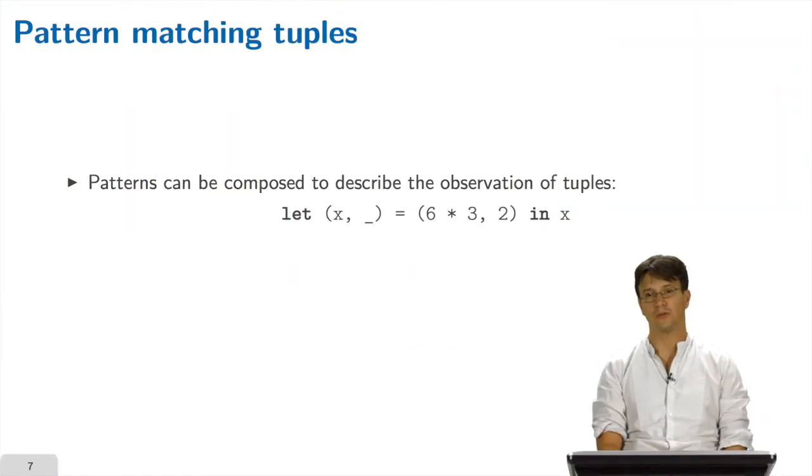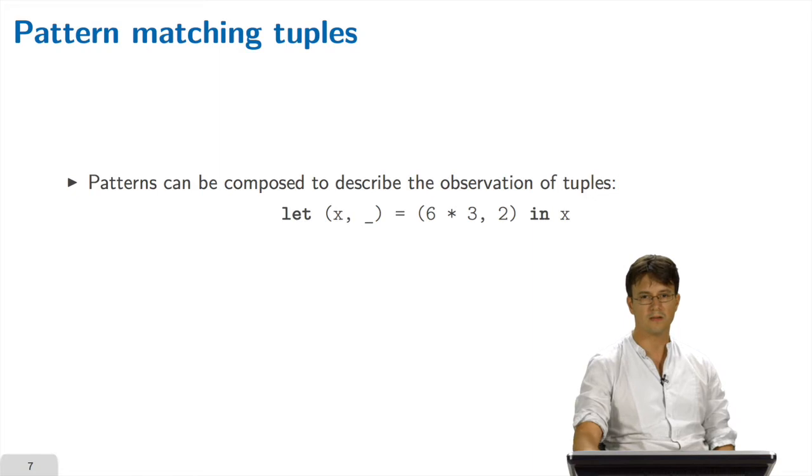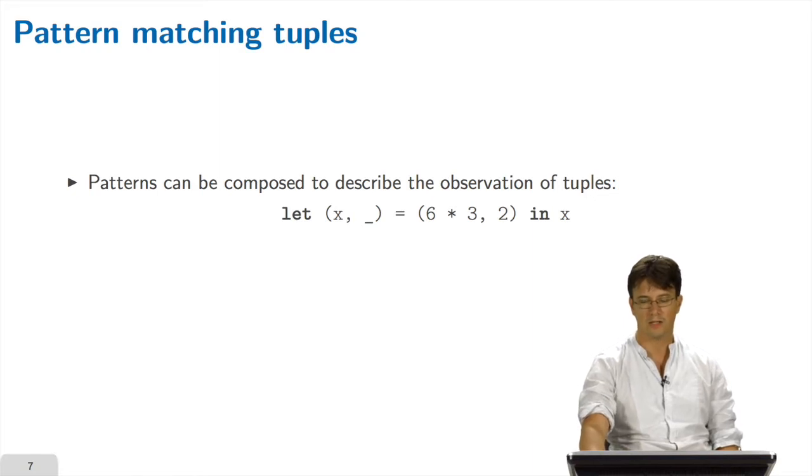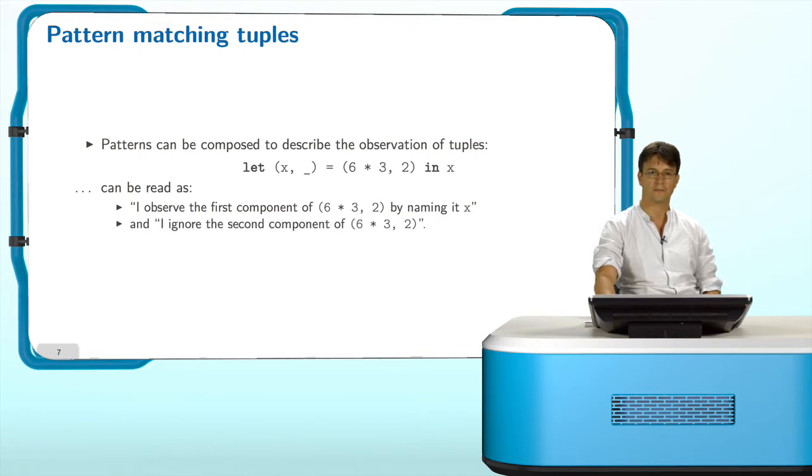In order to observe the different components of tuples, you just have to compose the patterns for these components and separate them using commas. For instance, the following expression is read as I observe the first component of this tuple and I name it x. And I also ignore the second component of this tuple.